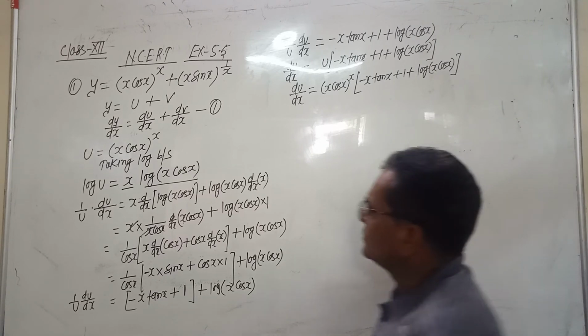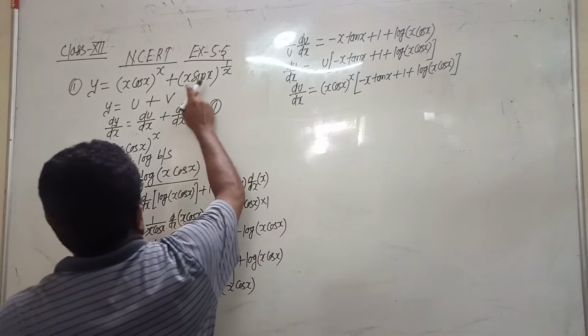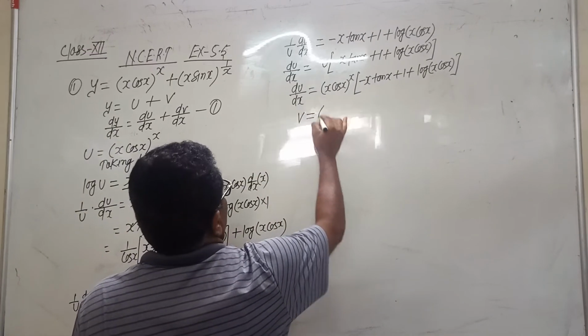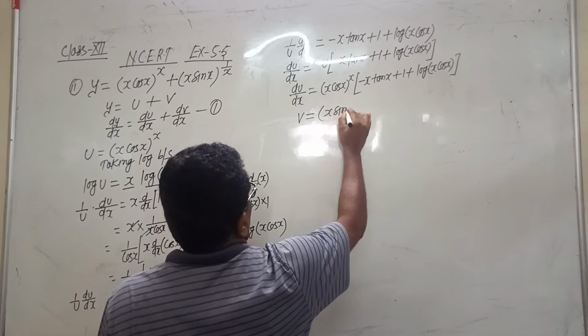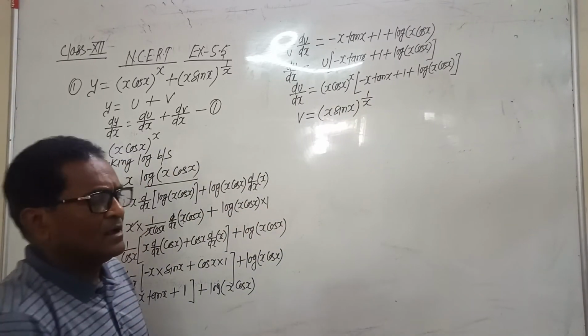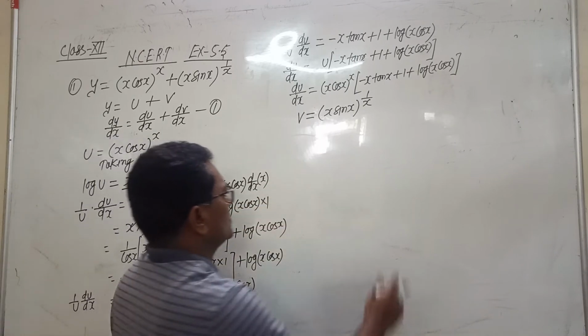Now we have to solve b equals x sin x raised to the power 1 by x. Again taking log both sides.